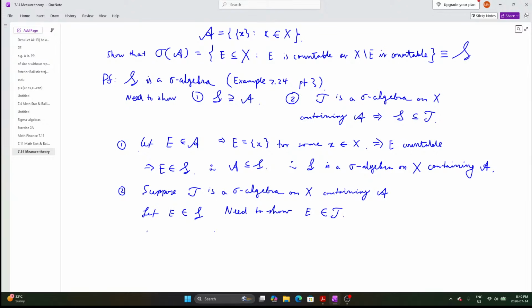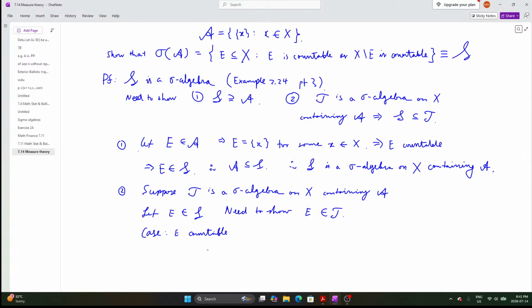So you have E is countable or X minus E is countable. So let's do cases, okay? Case E is countable. So E is countable, therefore E can be written as a list.